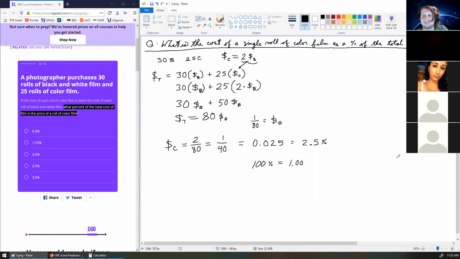Any other questions about this problem? When you were first converting the cost of color to the cost of black and white, did you choose to do that even though the answer we're looking for is the cost of the other one? Did you choose that because you'd end up multiplying instead of dividing, which is a little easier?